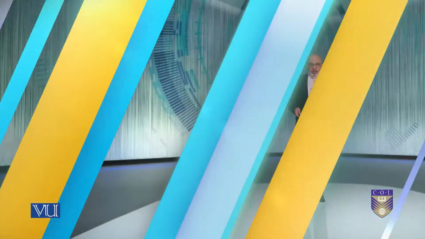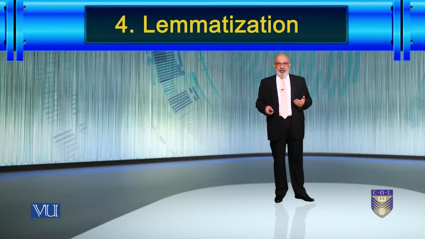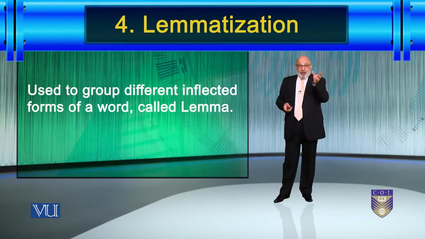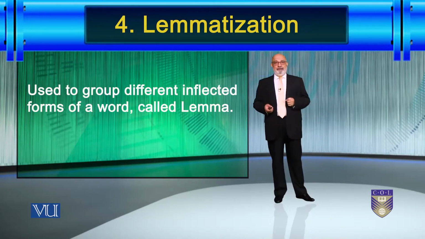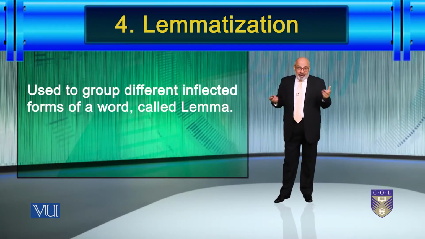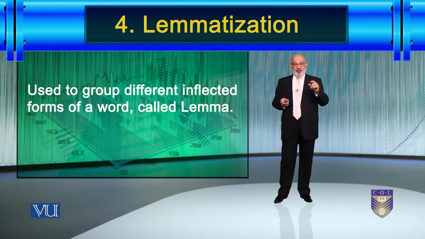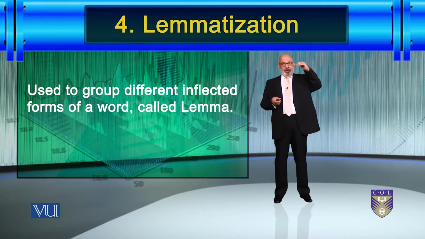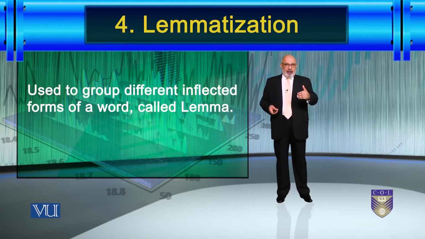The next part in that pipeline, step 4, is lemmatization. It is like stemming, used to group different inflected forms of words, called lemma. This refers to the ups and downs of the language. Sometimes the pitch or the tone goes up, sometimes the pitch comes down, like I am speaking now.